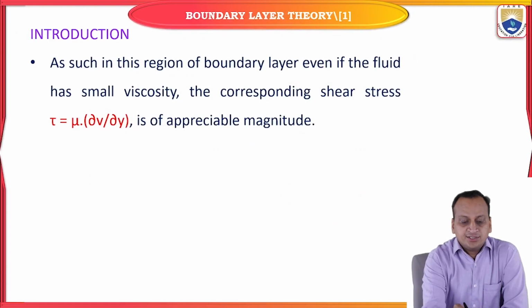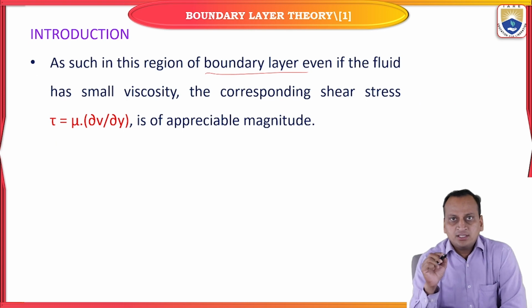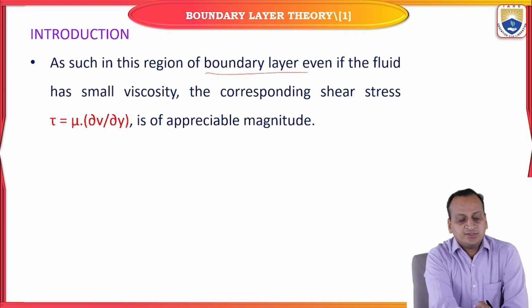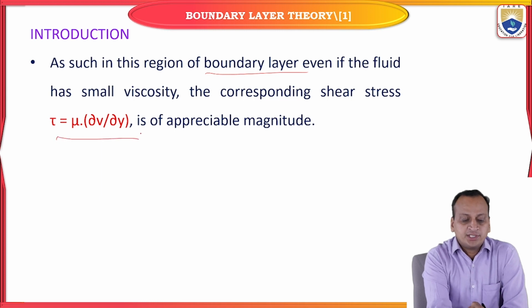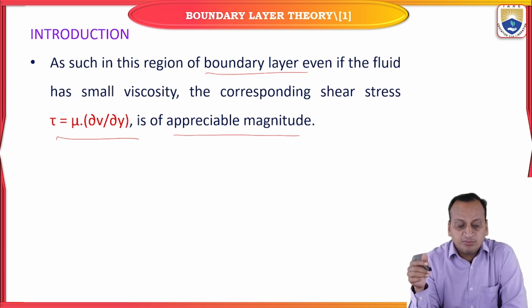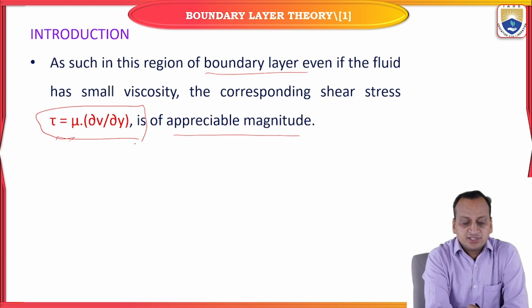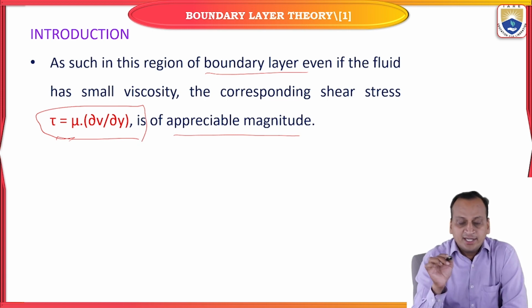As such, in this region of boundary layer, even if the fluid has small viscosity, the corresponding shear stress, tau equals mu into dou v by dou y, is appreciable in magnitude. So in the retarded fluid layers in the boundary layer, there will be shear stress acting.